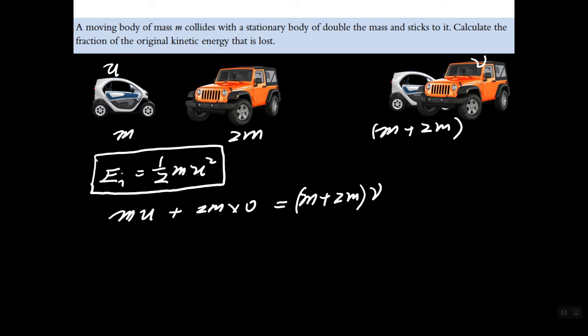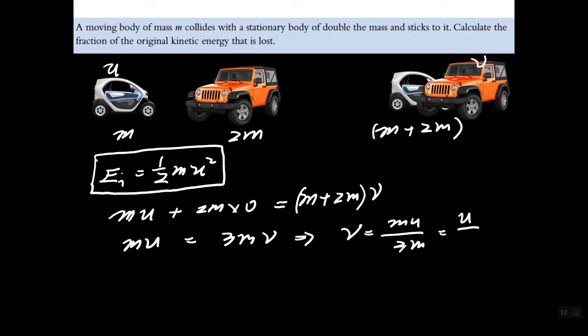So we can find the velocity after they hitch. So mu equals 3m v. That gives us mu over 3m. The m's cancel out, and velocity is equal to u over 3.